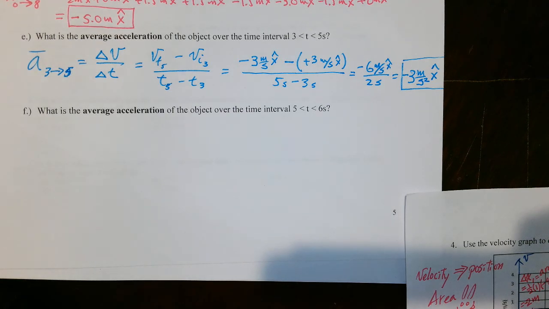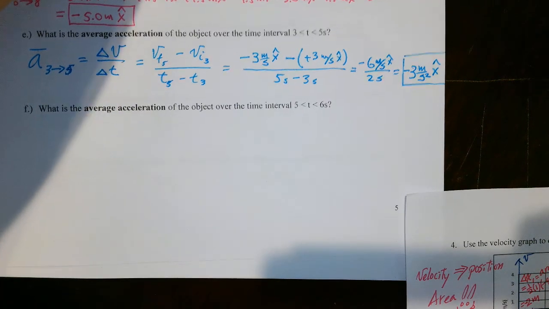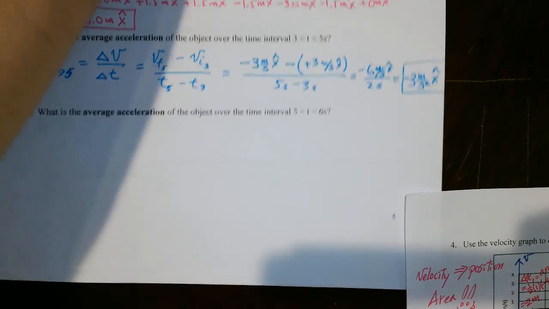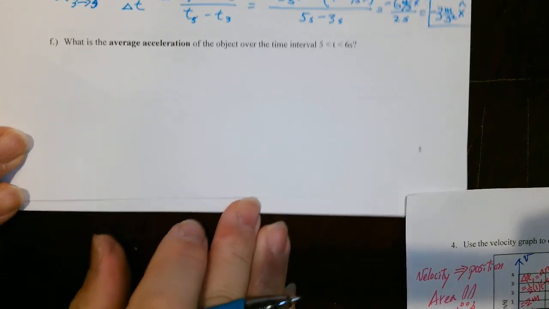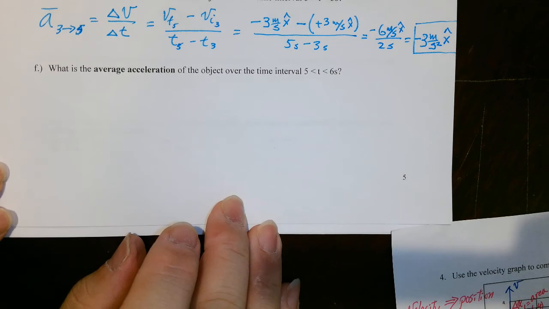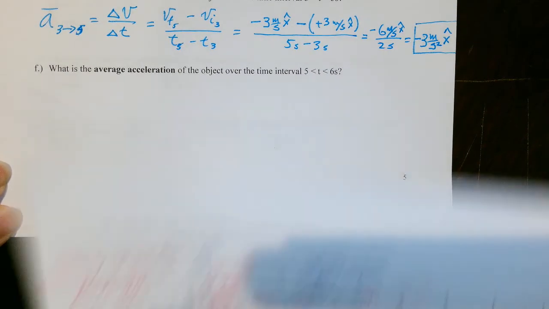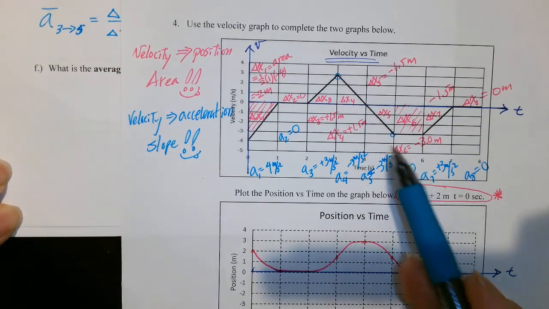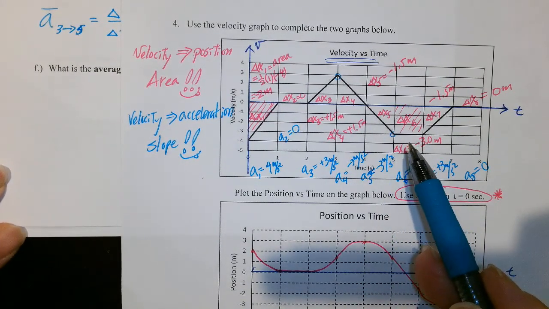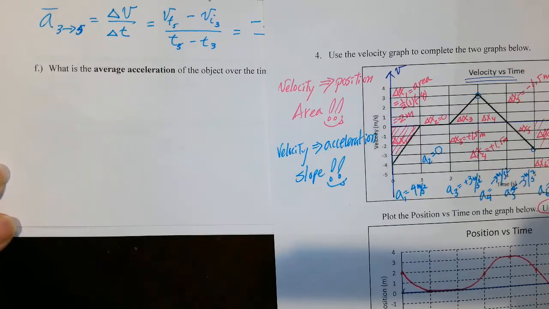All right. Last but not least, F. Let's take a look at F. Now, F, average acceleration from 5 to 6, right? So if you were to look at the velocity versus time graph again, 5 to 6, it looks like it is 0, because it's a flat line.